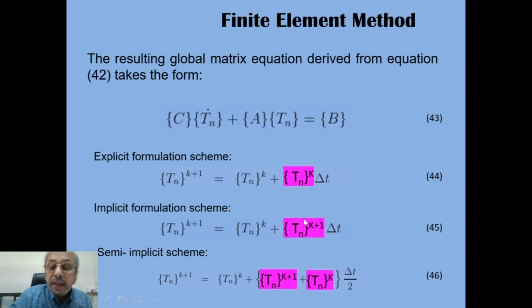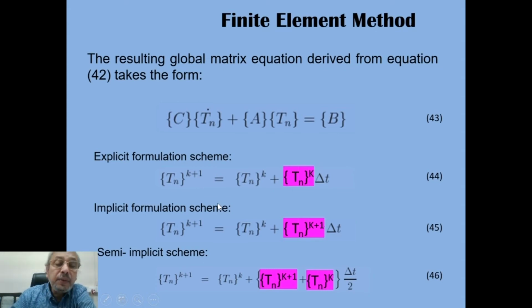And if we write this Tn as the average of two time levels, that means K plus 1 and K by 2, then it becomes semi-implicit, or basically Crank-Nicolson implicit. So it depends on the way we want to progress.